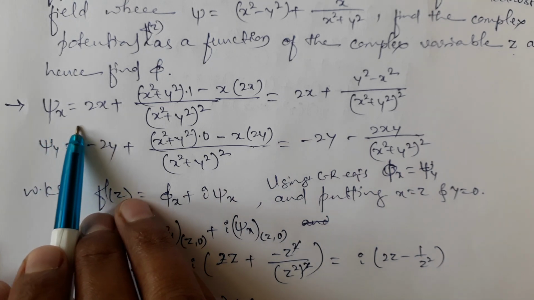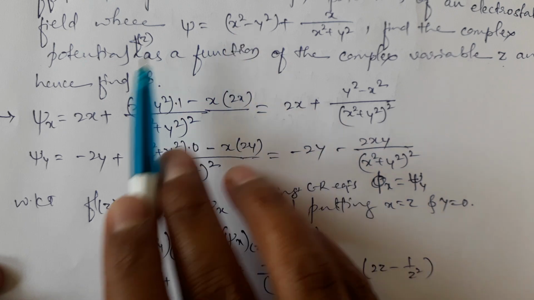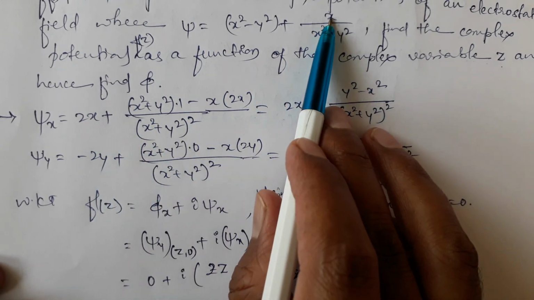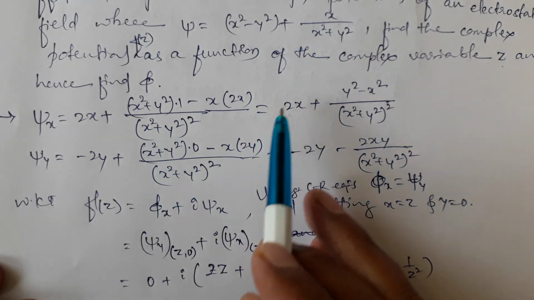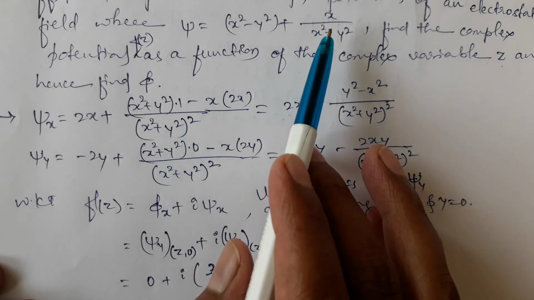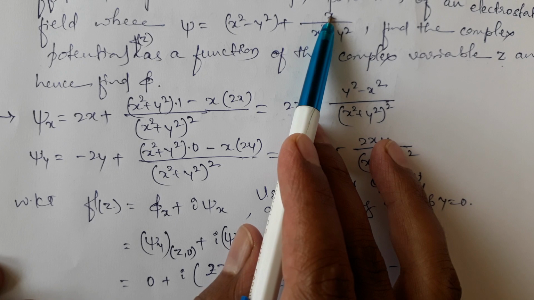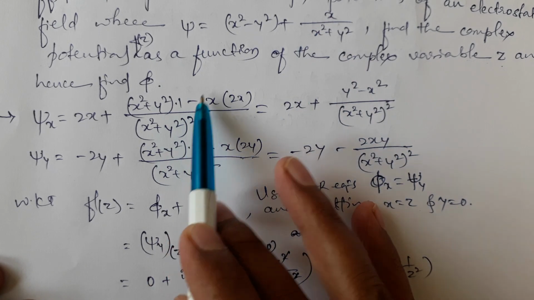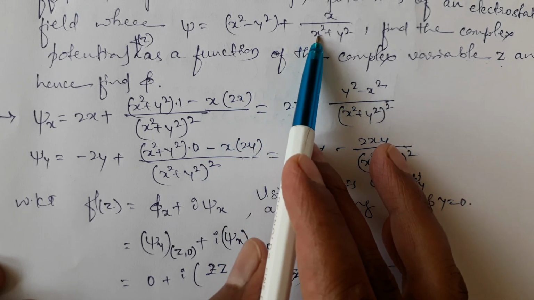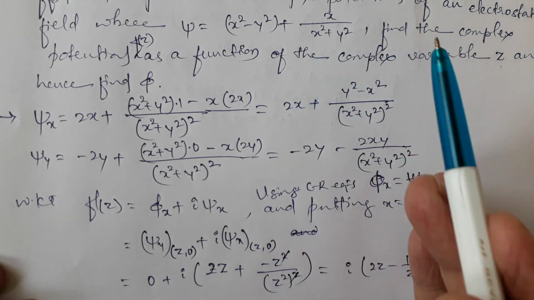Therefore ψx, partially with respect to x, we differentiate only the x term: x² gives 2x and y² gives 0, so neglect it. Plus, here it is the u by v form, therefore denominator squared, (x² + y²)², and keep the denominator as it is into the differentiation of the numerator, that is x gives 1, minus keep the numerator as it is into the differentiation of the denominator with respect to x, that is x² gives 2x and the other term is 0.